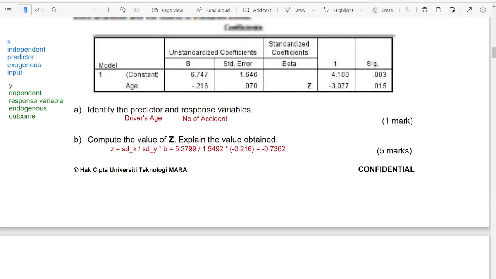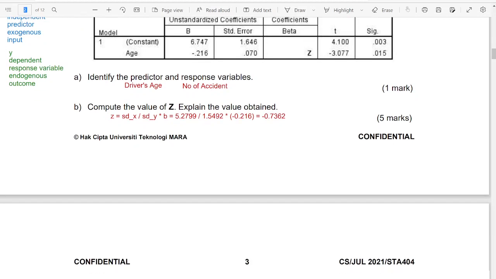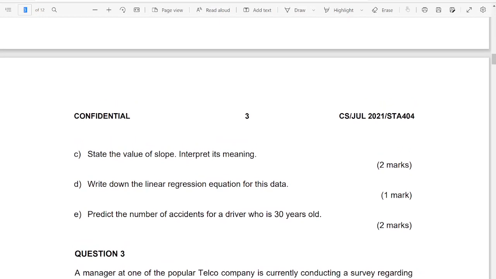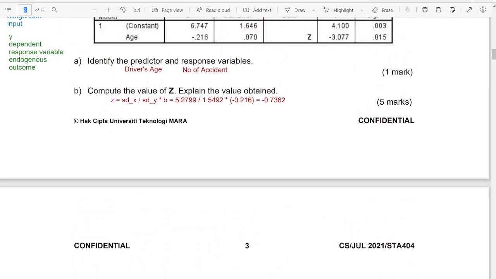So in this situation, the standardized beta looks at the impact on the dependent variable, whereas the unstandardized coefficient looks at the change that happens, how much it changes. Okay, so how to interpret this value? What was the value here?